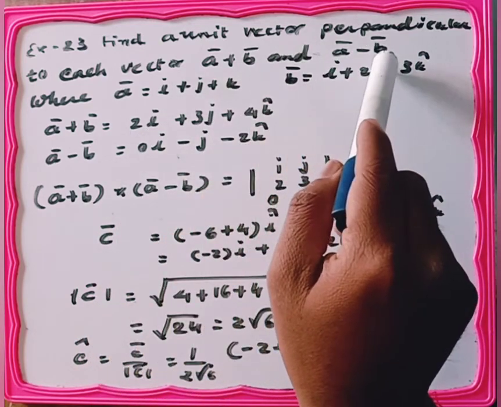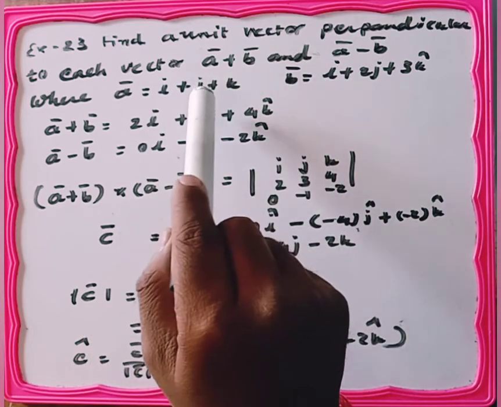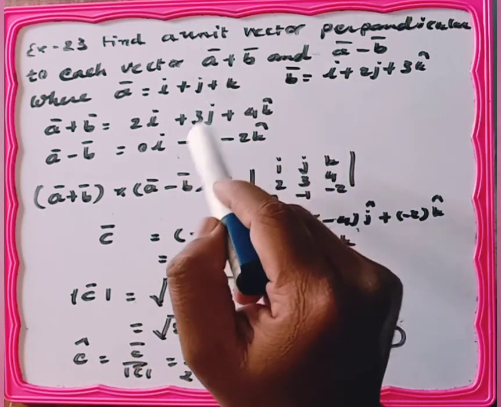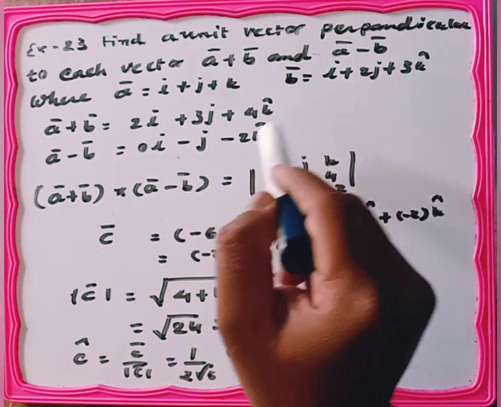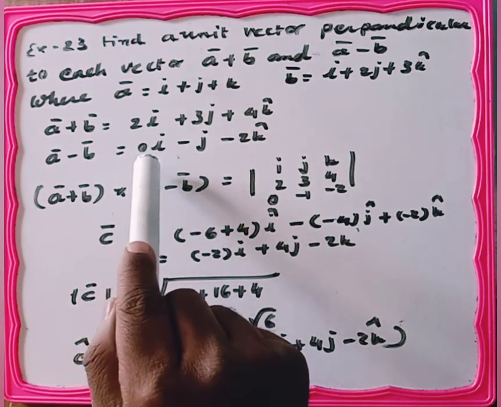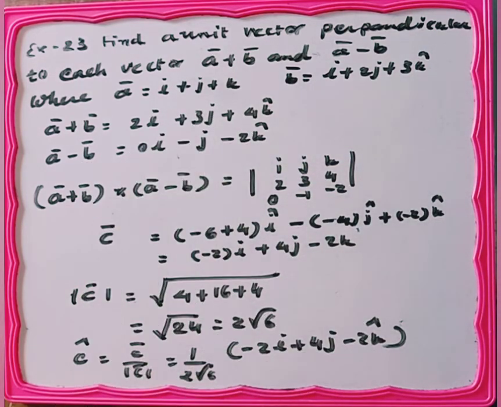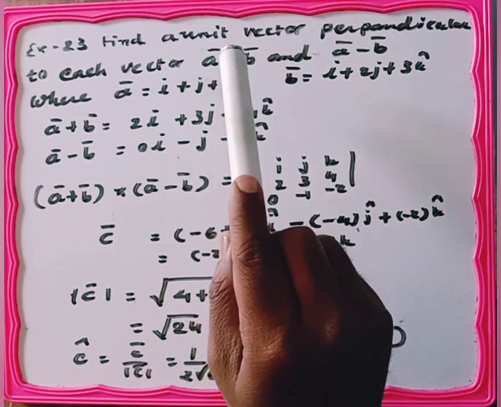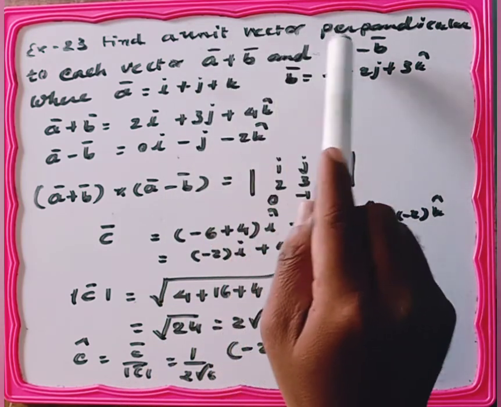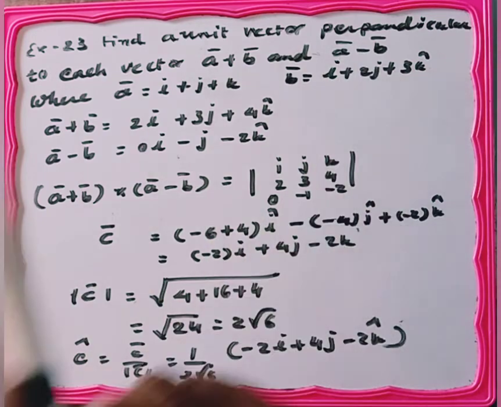And a bar minus b bar: 1 minus 1 is 0, 1 minus 2 is minus 1, 1 minus 3 is minus 2, so 0i minus j minus 2k.